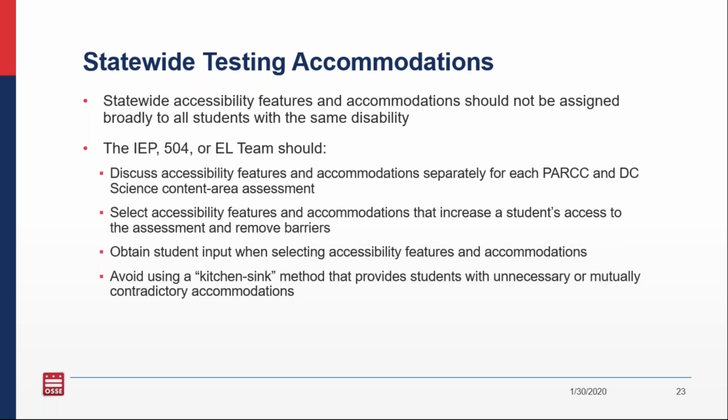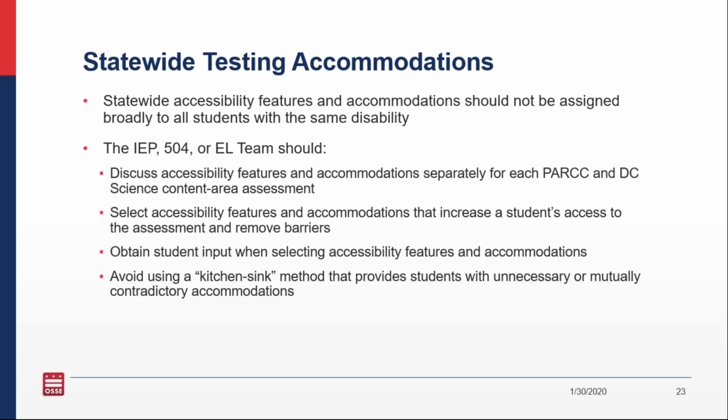Statewide accessibility features and accommodations should not be assigned broadly to all students with the same disability. This is a practice that we have observed at OSSE, but it should not be performed by schools and LEAs. Accommodations should be assigned on an individual basis by the student's individual needs and what will work best for each student.